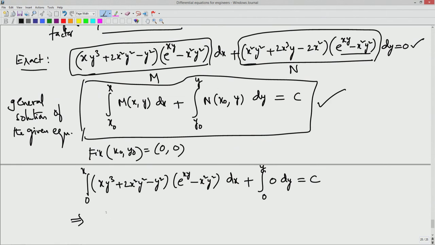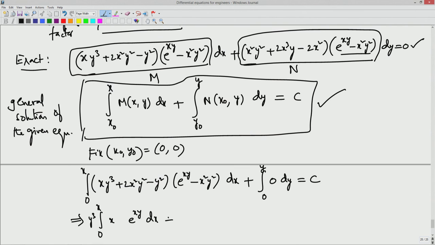So this is what the integration is. First term is integral 0 to x of xy cube into e power x y dx. So y cube I can take out because this is constant, integral of x into e power x y dx.